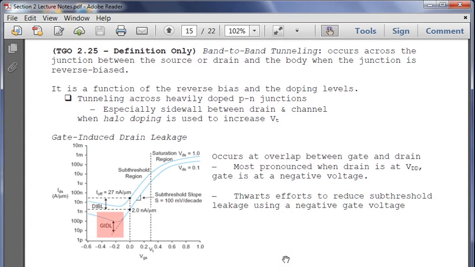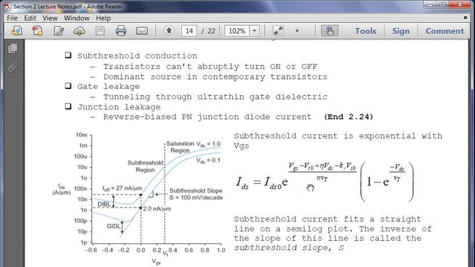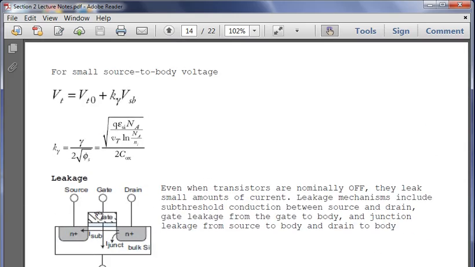Additionally, gate-induced drain leakage occurs at the overlap between the gate and the drain. It's most pronounced when the drain is at supply voltage and the gate is at a negative voltage. So we now have an instance of our transistor where we have a negative gate voltage, so it's below 0, and the drain is at supply voltage. So now you've created an instance where you have 1 and then -1.